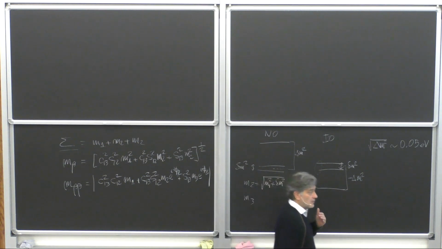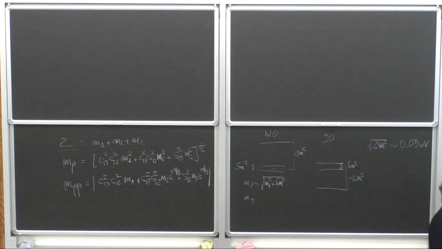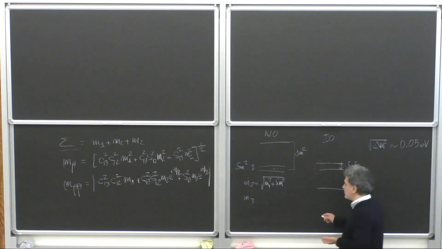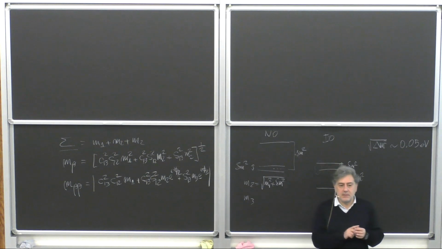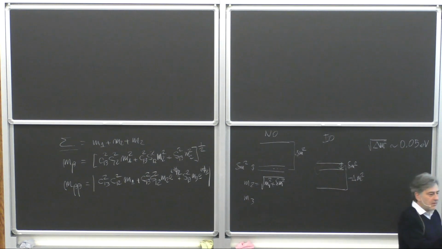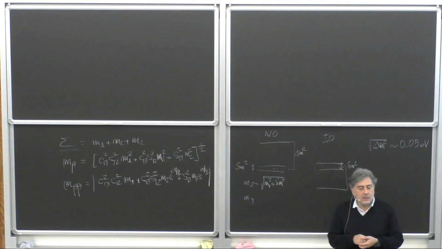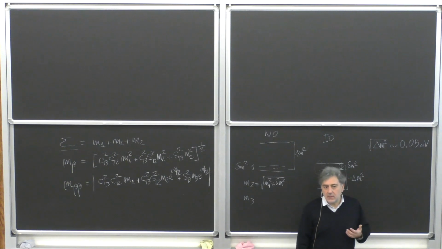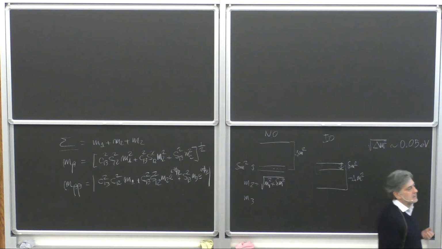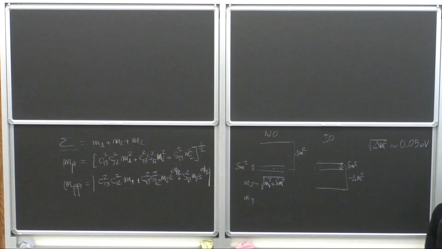The other open question concerns CP violation. CP violation is the difference between the probability of nu alpha to nu beta with respect to anti-nu alpha to anti-nu beta. This depends on delta. And still, the measurement of delta is not so precise.